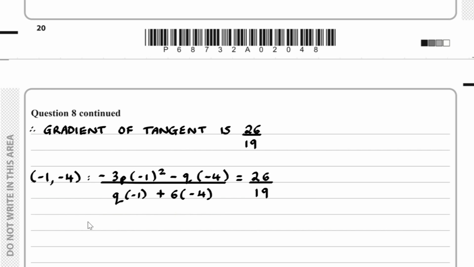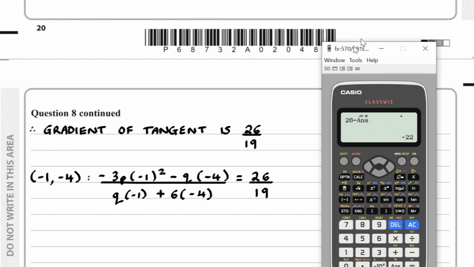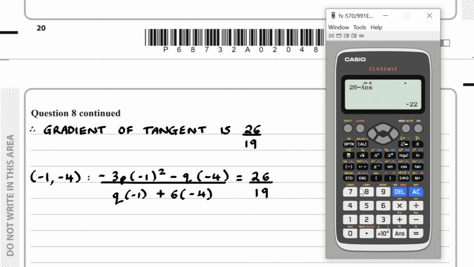So let's tidy all of this up. Cross multiplying, we have here -3 times 19, that's -57, and then -1 all squared, that's 1.